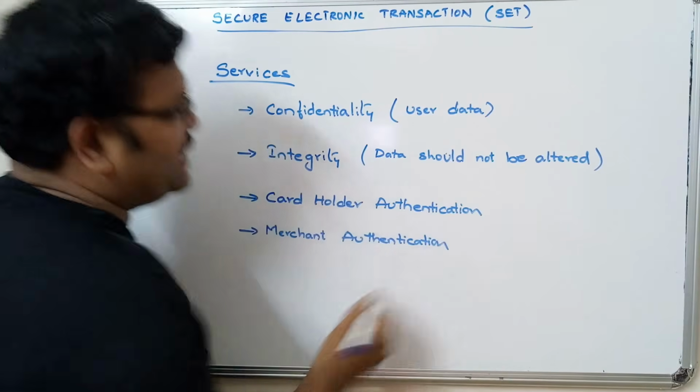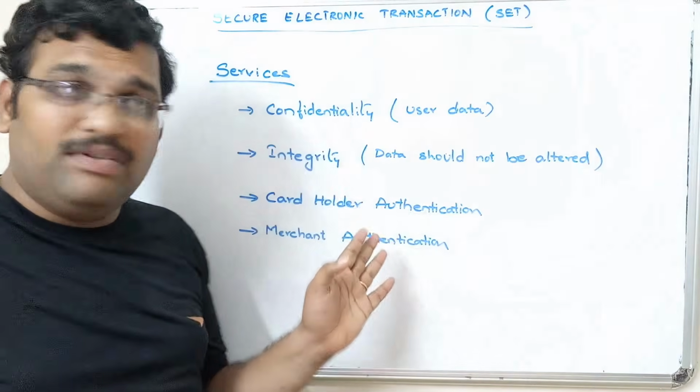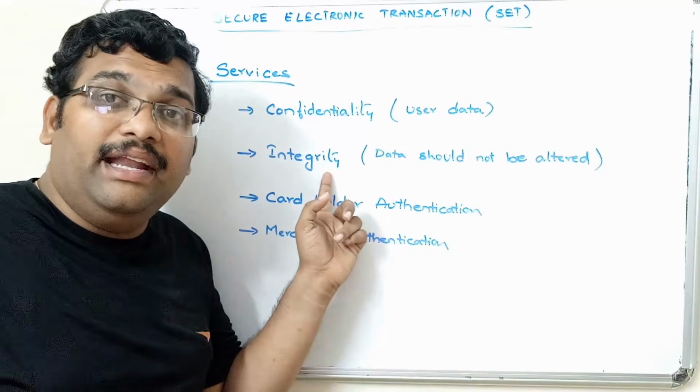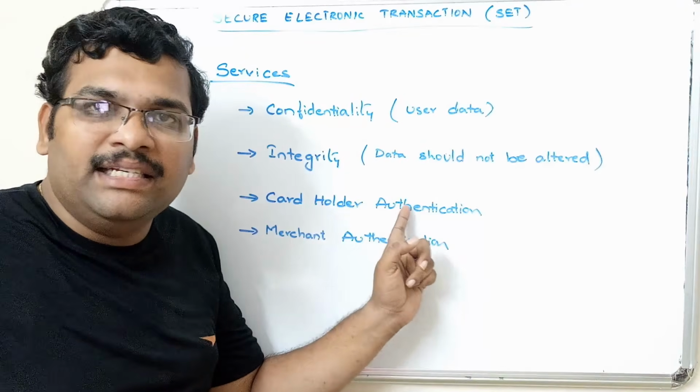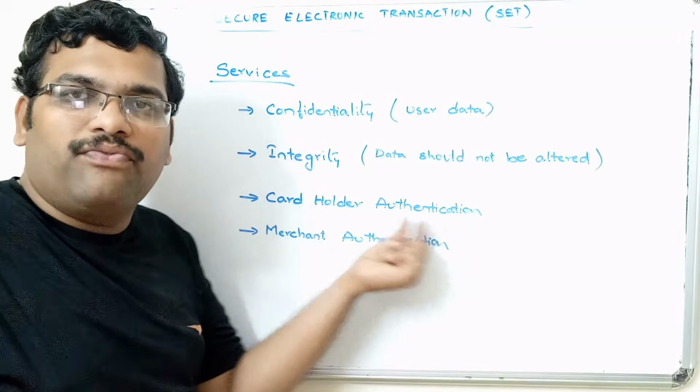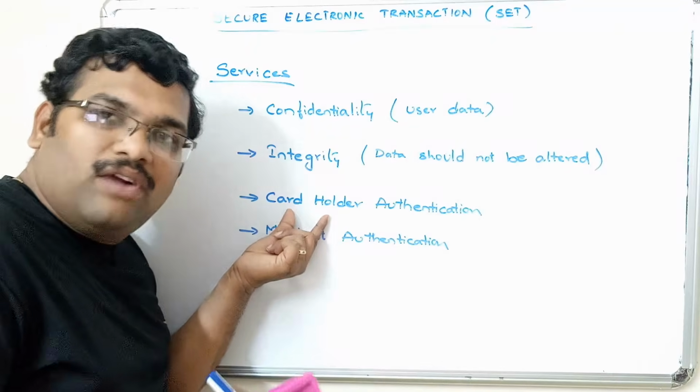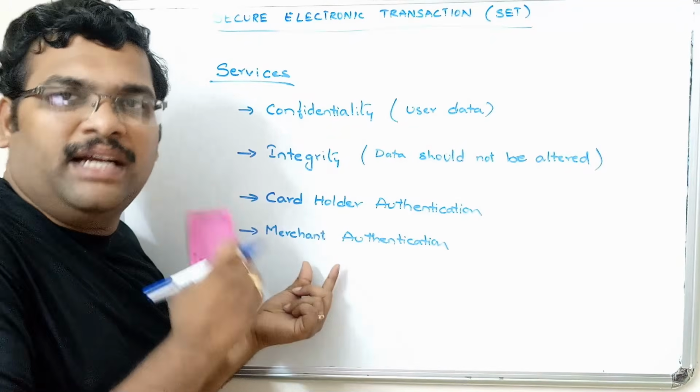So we have to provide three services: confidentiality, integrity, as well as authentication. And here the authentication is of two types: card holder authentication and merchant authentication.